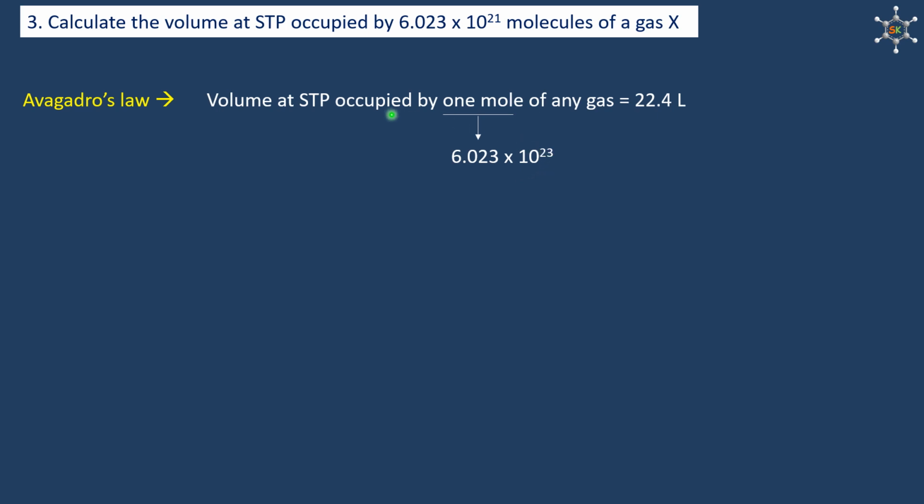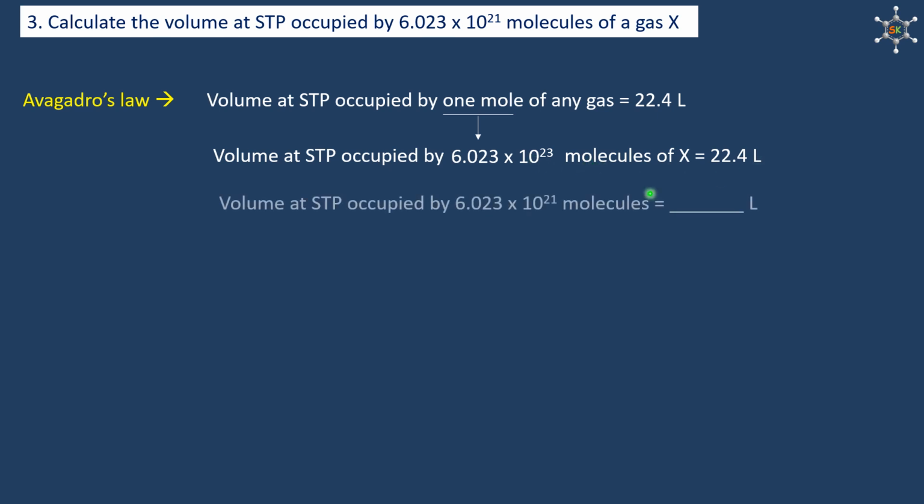So this statement can be restated as volume at STP occupied by 6.023 into 10 to the power of 23 molecules of X is 22.4 liters. So volume at STP occupied by 6.023 into 10 to the power of 21 molecules is unknown, that we have to calculate. We can make use of unitary method again.